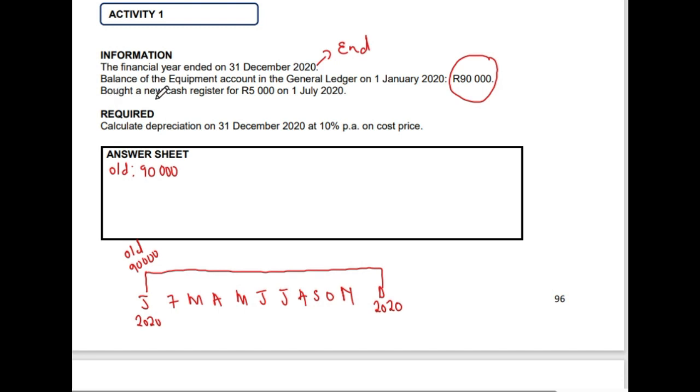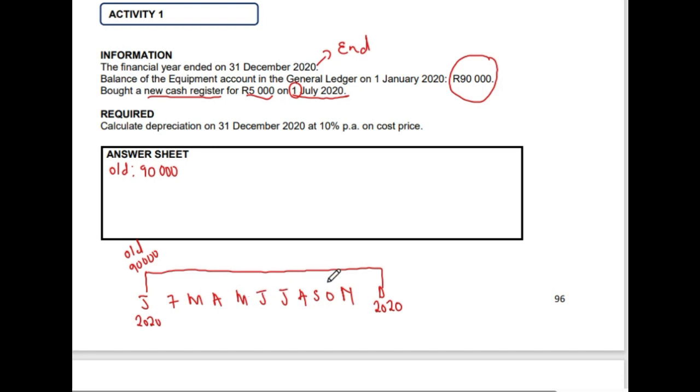We bought a new cash register, meaning new equipment, for 5,000 on the 1st of July. The 1st of July, guys. And when it comes to accounting, dates are very important. At the beginning of July, it's January, February, March, April, May, June, July.